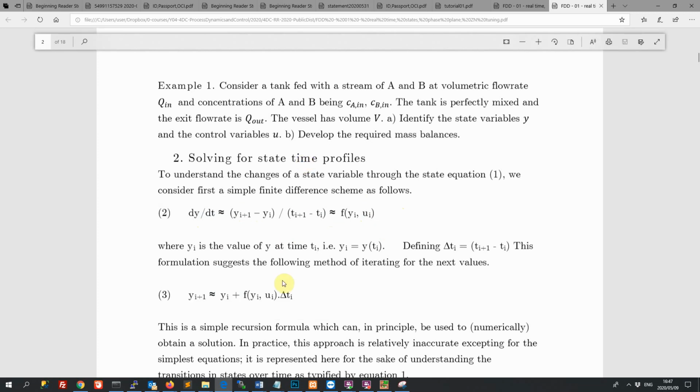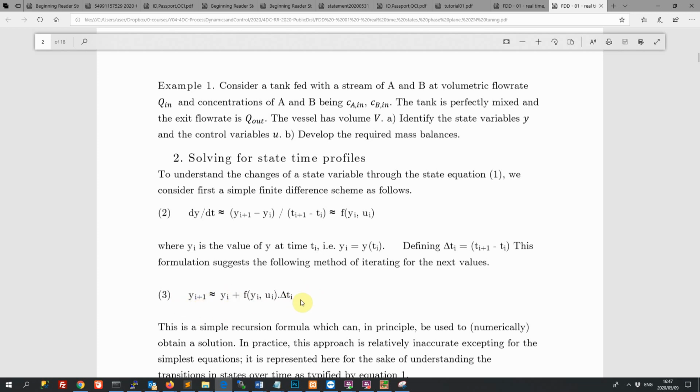This is not intended to be a rigorous development of an integration scheme. It's almost like a mnemonic to remind us how we step forward in time. If we have some current value for yi and ui, we can estimate what the next value of y is going to be.